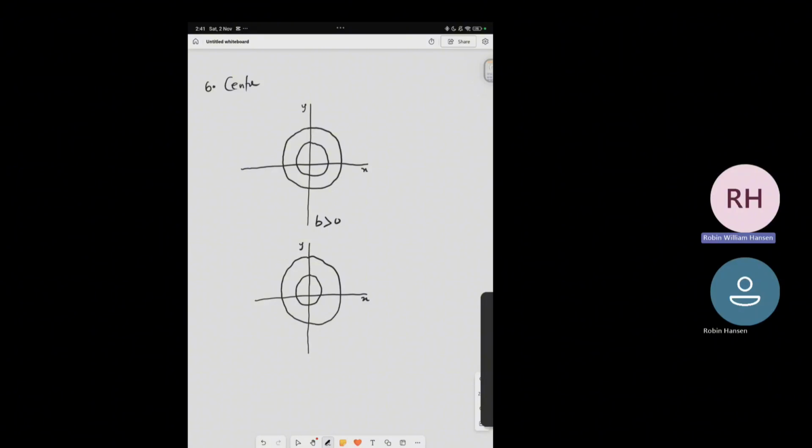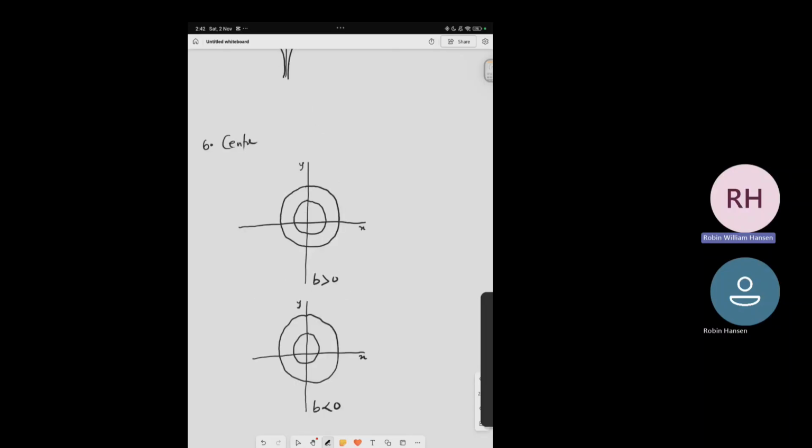Now, in our stable focus, we had the value of A to be negative, which is non-zero. And in the unstable focus, we had the value of A to be positive, which is also non-zero. Now, for center, the value of A is 0.